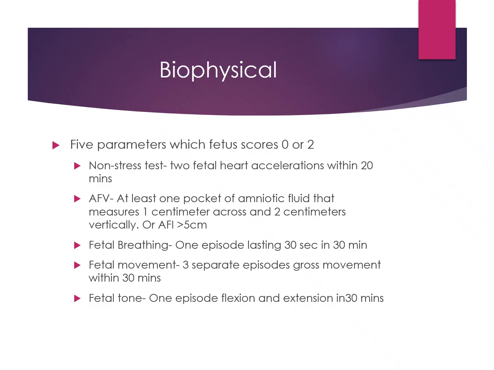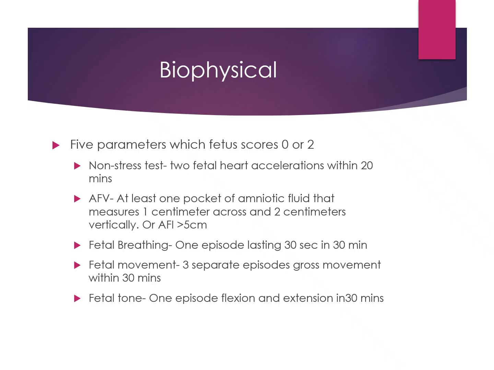For the biophysical profile, we score on a score of 8, not including the non-stress test. And each one of our parameters gets a 0 or a 2. There is no such thing as a 1, a 1.5, a 1.75. If you do not get 3 separate episodes of gross movement, it is a 0.